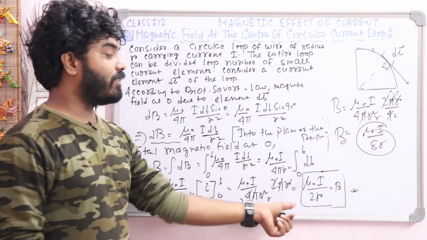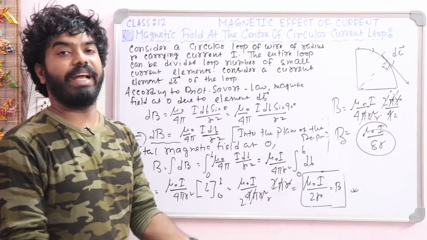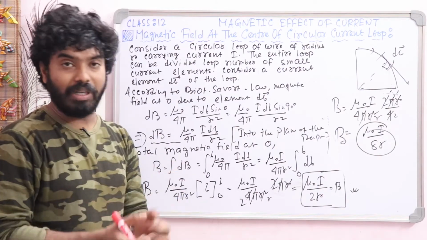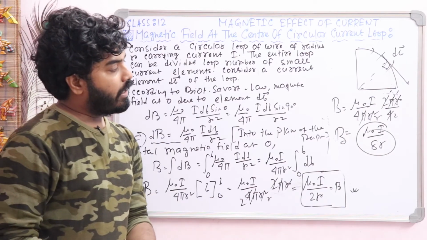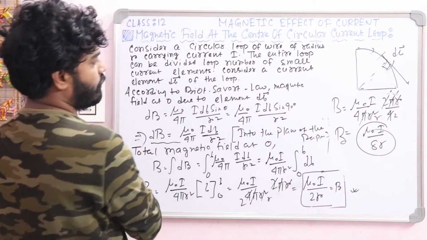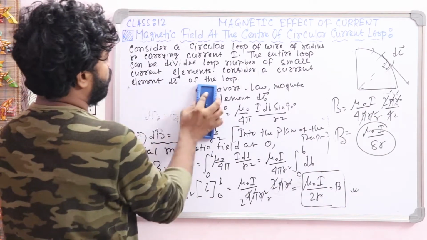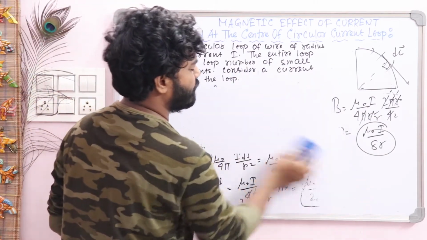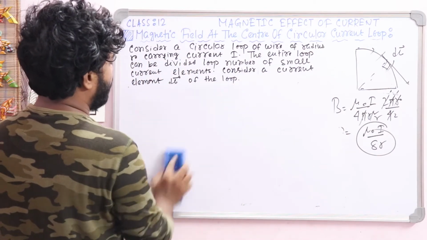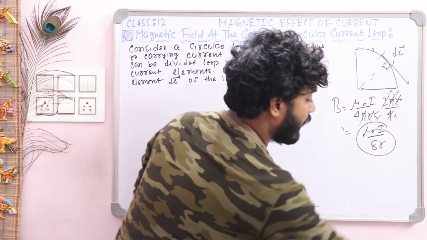Now with the help of this equation you can easily find out the magnetic field for a semicircle, for a quadrant, like that, and this part is important. Okay, now you see one general concept, you can take a screenshot. You can easily find out the magnetic field for any angle.